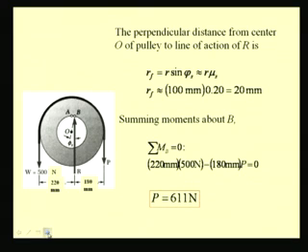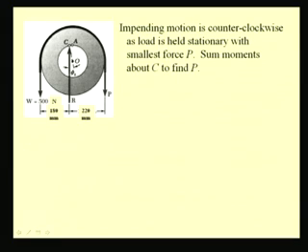For case B, we are interested to find the force P that is required to just hold the weight. So that means now the impending slippage is that the pulley starts to move in the counterclockwise direction.